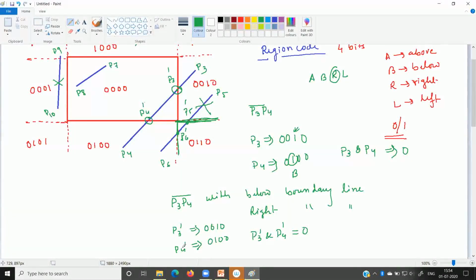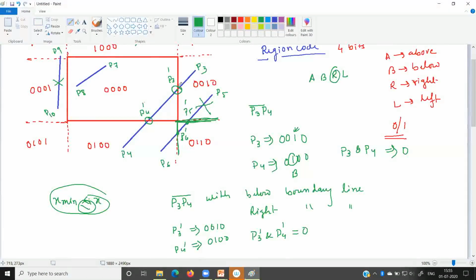So on the boundary, we have to basically check. If you can remember, whether a point is inside or outside, we are checking for greater than or equal to, less than or equal to. So we are going for the equality operation also.